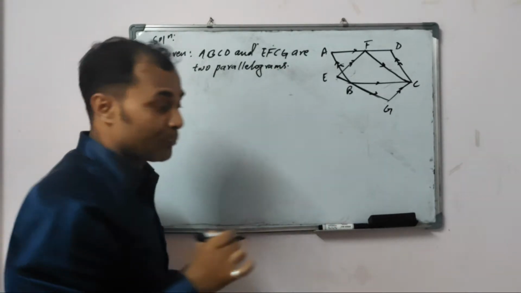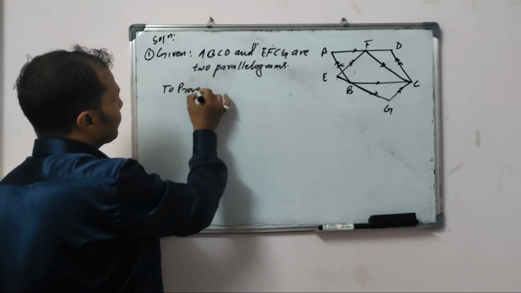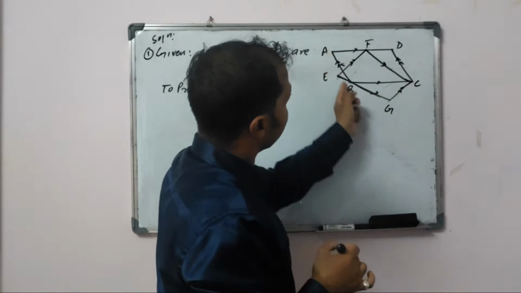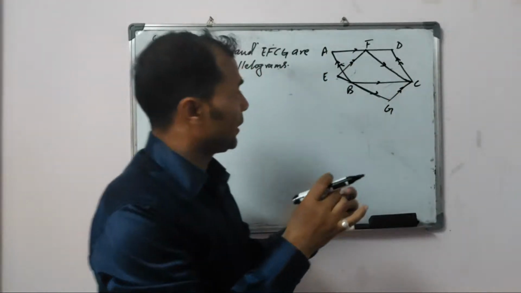What is to prove? To prove is that the area of this parallelogram ABCD and the parallelogram EFCG are equal.